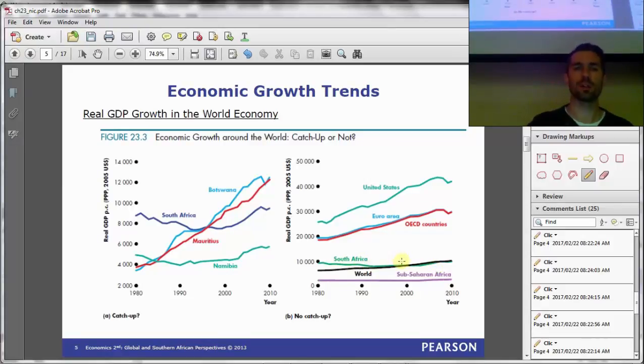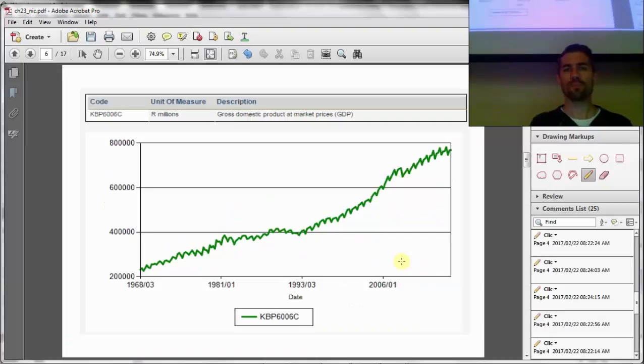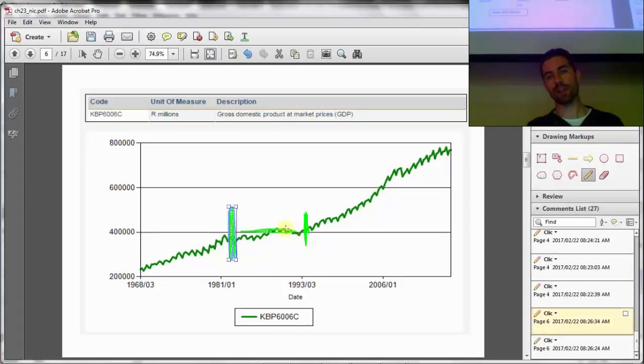What do these figures look like? This is from the Reserve Bank. You'll see that since the 1960s, here's our growth. Before 1994, from the 80s to 1994, growth is relatively flat.